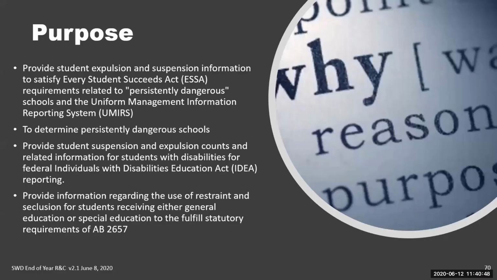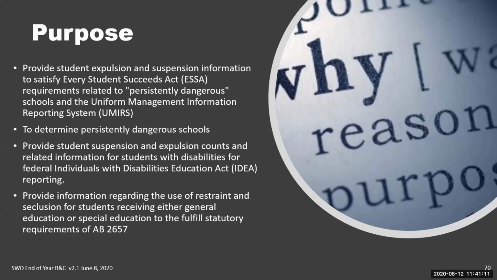And so the purpose, right, for reporting student incidents is to satisfy the requirements of the Every Student Succeeds Act. Also, it's a way to identify the persistently dangerous schools by the Uniform Management Information Reporting System, or UMIRS. We also want to provide suspension and expulsion counts for several reasons.